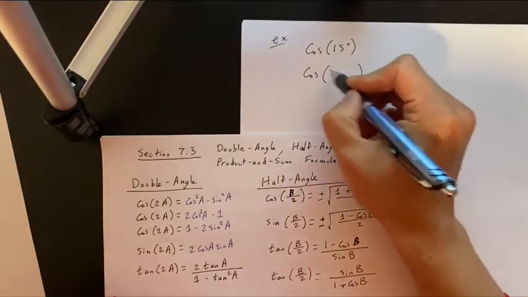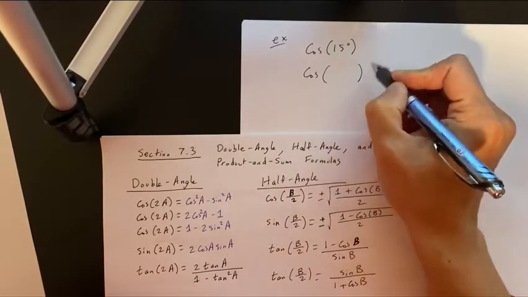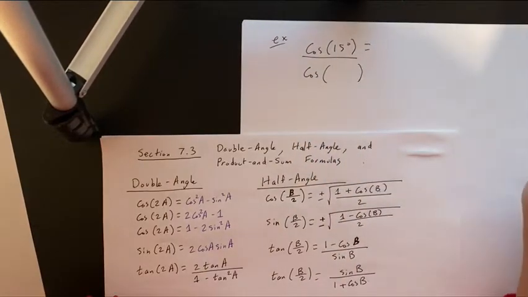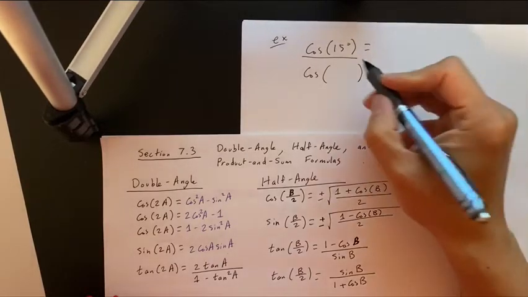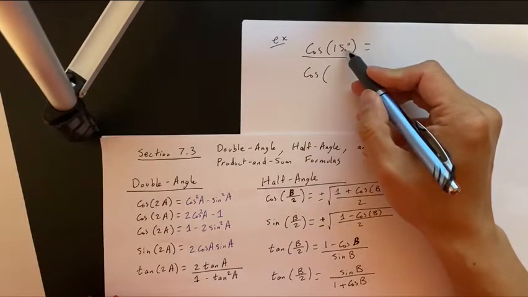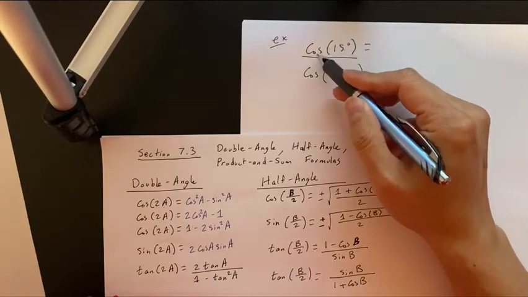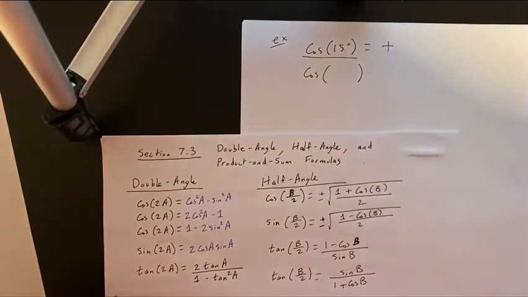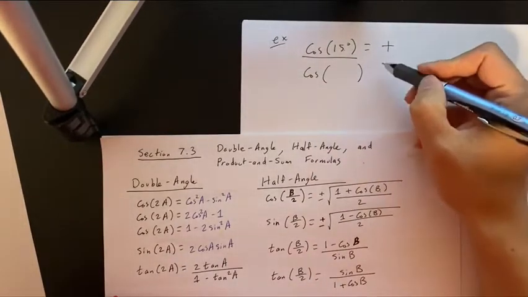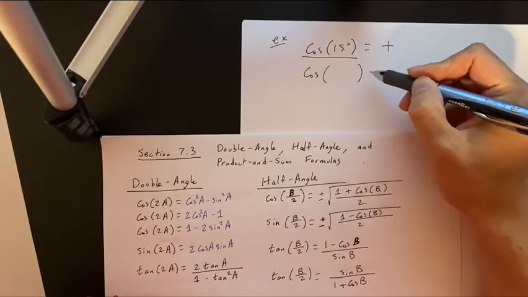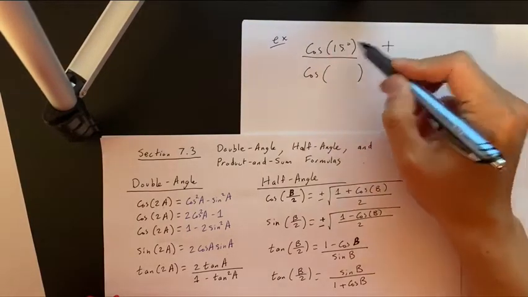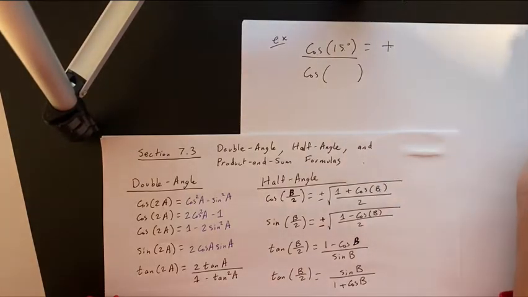Now, before I even start writing it as half of something, let's decide. Cosine of 15, is this going to be a positive value or a negative value? Well, 15 degree is in the first quadrant, and cosine gives me back the x value. First quadrant, x value is a positive. So right before we even apply the half angle formula, I already know the sign to this trig evaluation. It should be a positive.